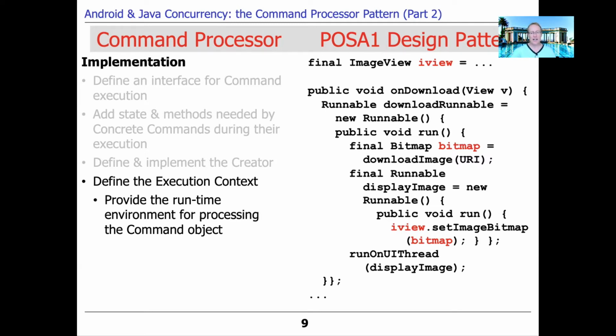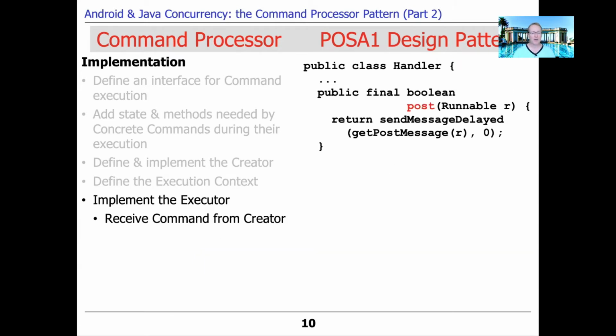And then we're going to have the context in which this is going to run, which is going to be able to interact with the user interface through something called an ImageView. And down here, you can see this is sort of that closure-like mechanism where we're able to access the state of the context in order to have the user interface thread set the bitmap to be displayed based on the bitmap that was downloaded in the background thread.